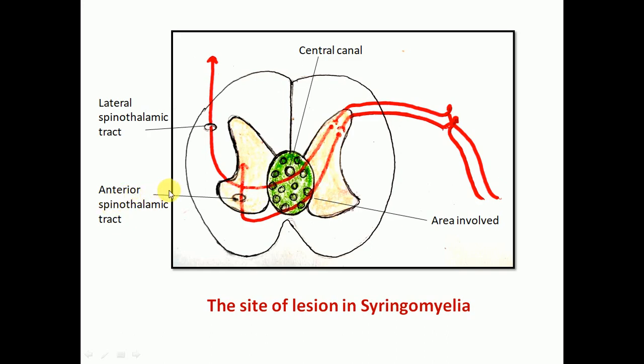So it causes bilateral loss of pain and temperature sensation below the level of the lesion. Above the level of the lesion, there are chances that some sensation remains preserved. So that condition can also be called dissociated sensory loss. So this is about syringomyelia.